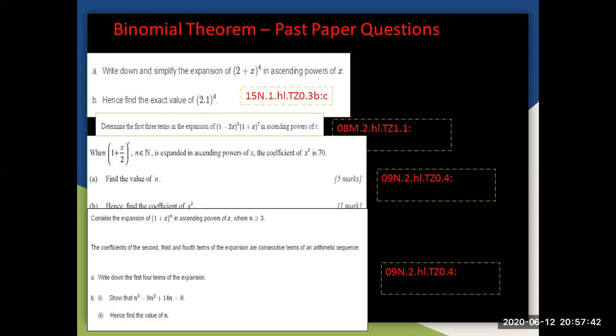Exactly. But for example, here it's quite obvious. Is this calc or non-calc? Oh, it's paper one. Never mind.